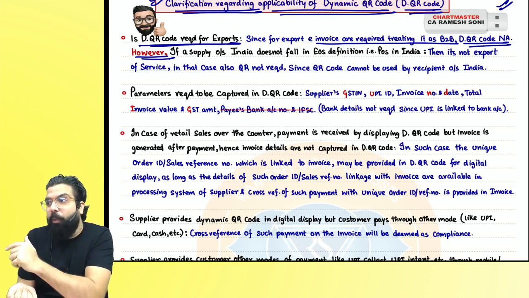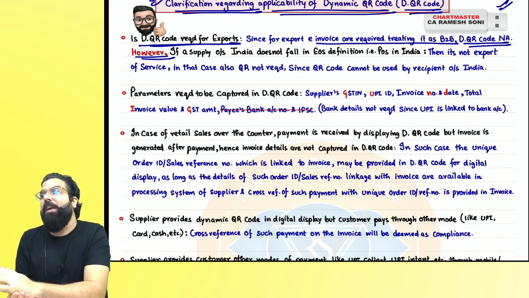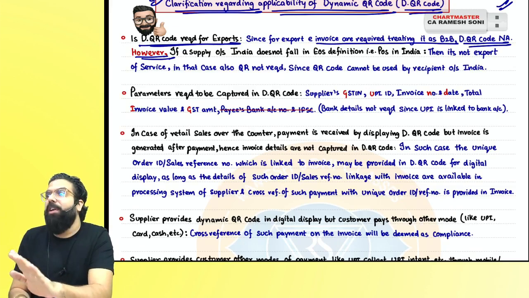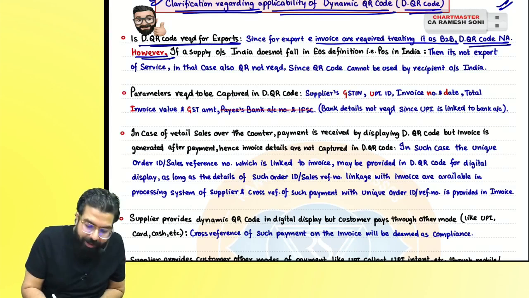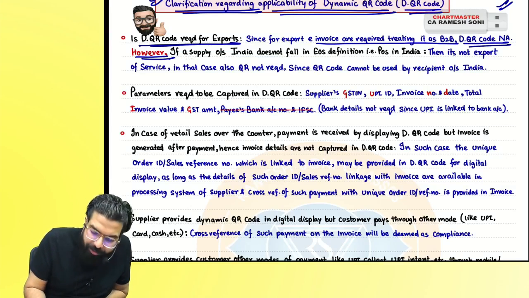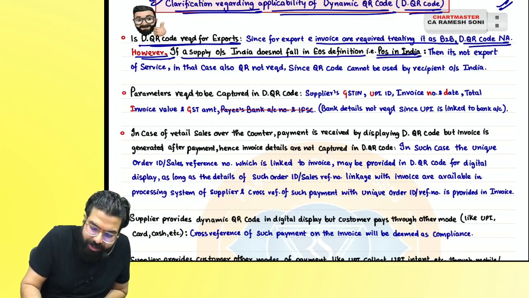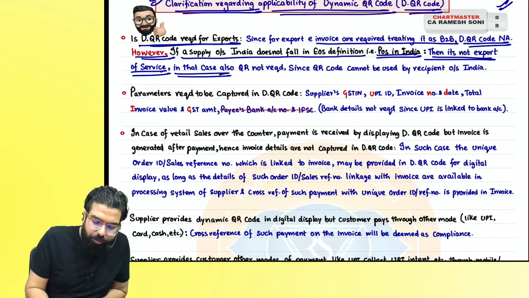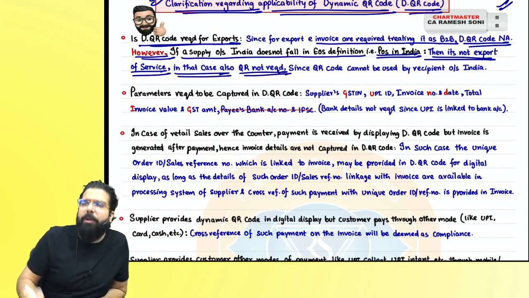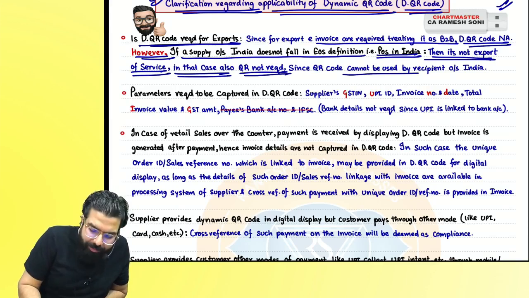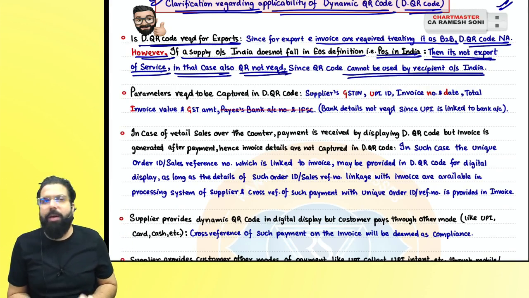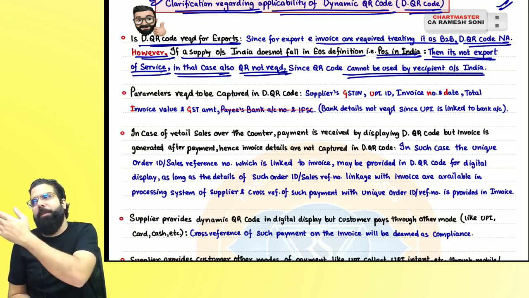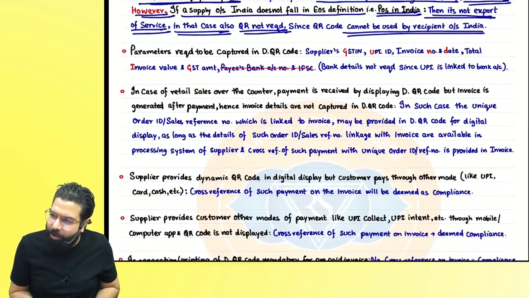But then the government further clarified that dynamic QR code is still not required even if the place of supply is in India, because the person outside India will not be able to use it for the payment. Are we clear, everyone? If you give a dynamic QR code to a person outside India, he will not be able to use it.